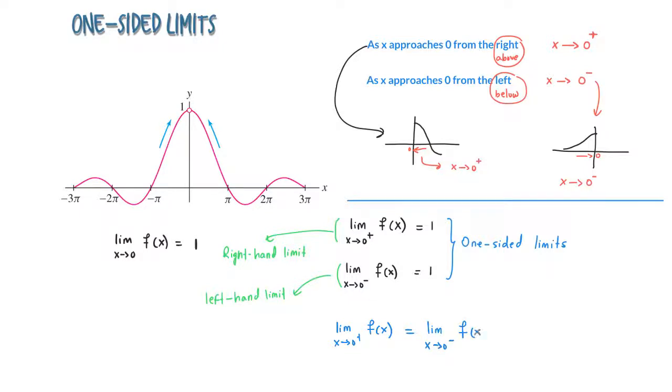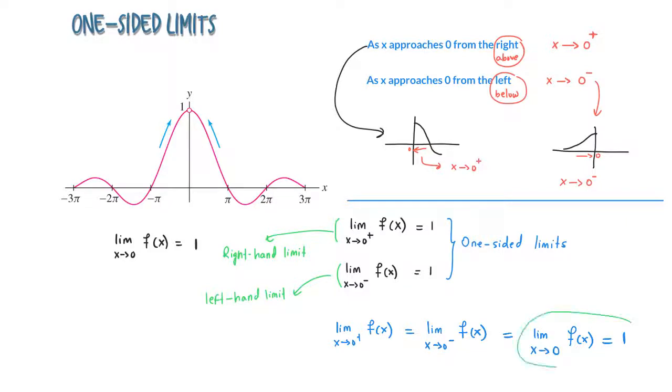So the right-hand limit is equal to the left-hand limit. And whenever that happens, whenever the one-sided limits are identical, then we say that the double-sided limit exists. The limit as x approaches 0 of f of x is also equal to 1.